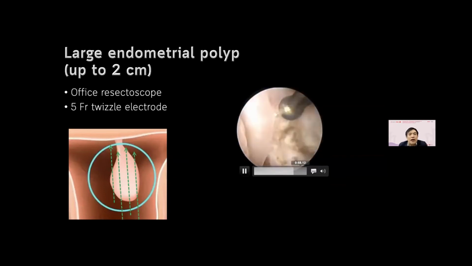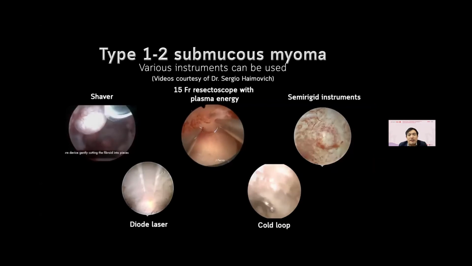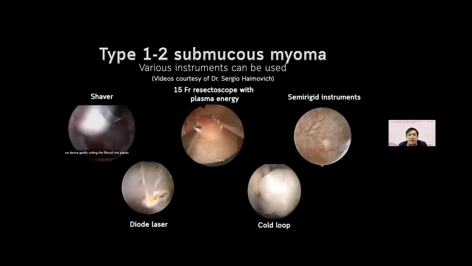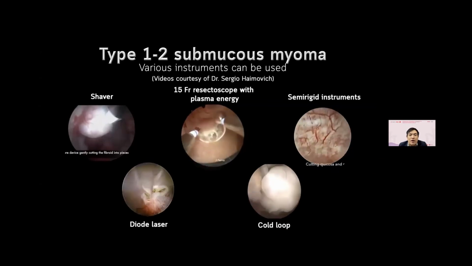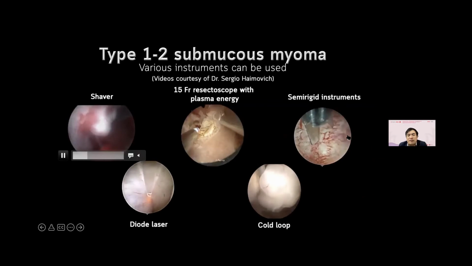Okay, and for the submucous myoma, because the tissue is more stiff, we divide it in half and slice it into spheres. Or if it is bigger, we can use a lot of instruments that are available right now, like the resectoscope, or even the semi-rigid.